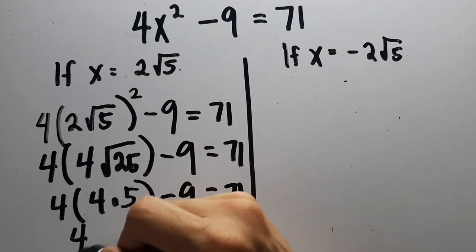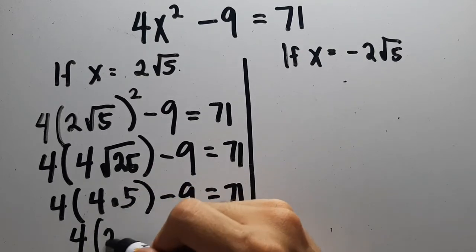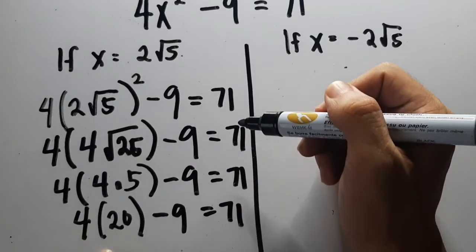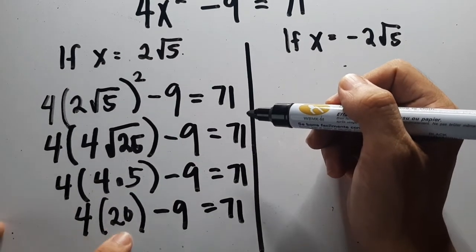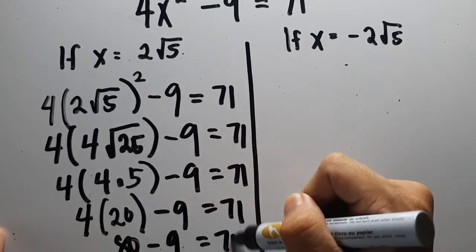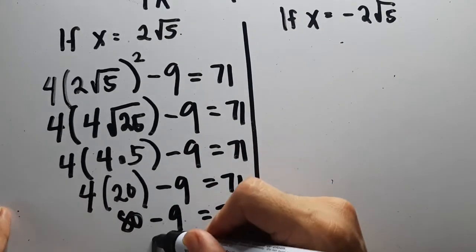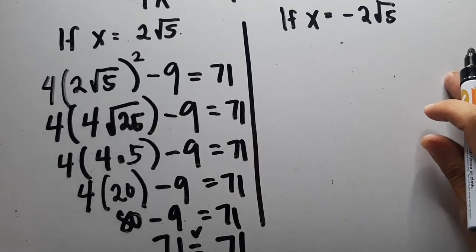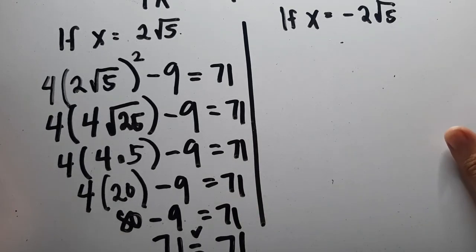So we have 4 times 5 is 20 minus 9 is equal to 71. So 4 multiplied by 20 is 80 minus 9 is equal to 71. So we have 71 is equal to 71. So the first root satisfies the given equation.